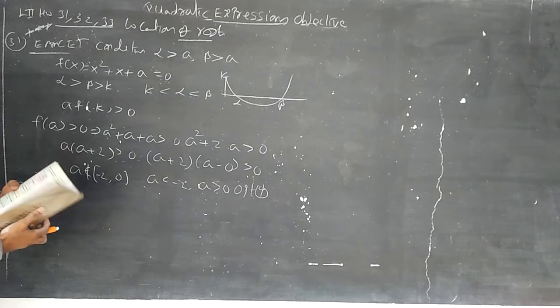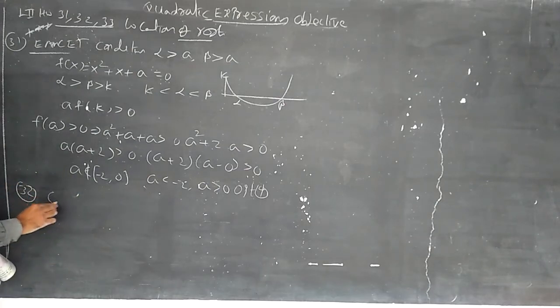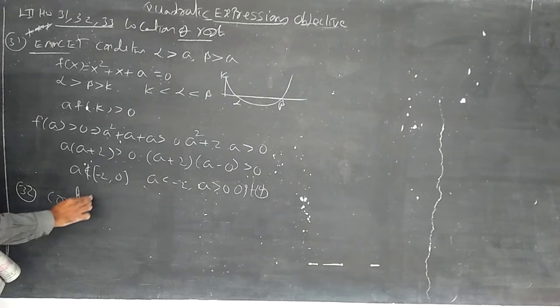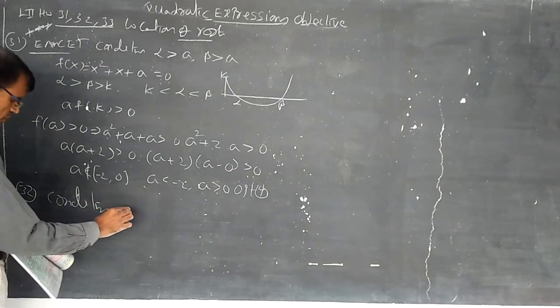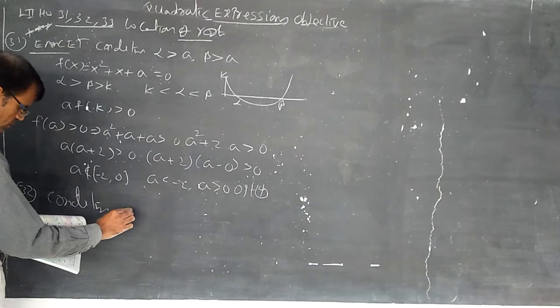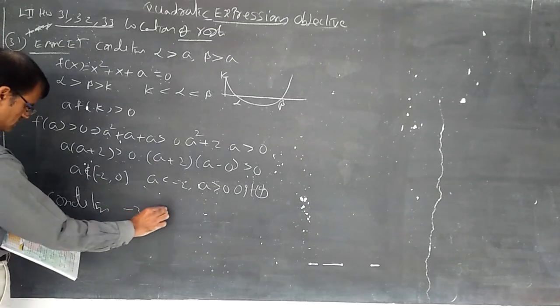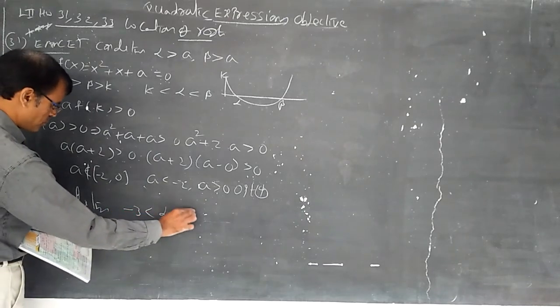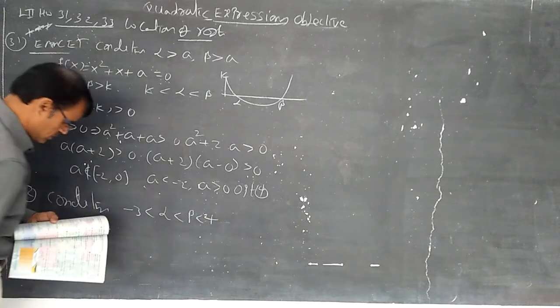32nd question now. If both roots of the equation lie in the interval, condition: both roots of the equation lie in the interval. So minus 3 less than alpha less than beta less than 4. This is okay.